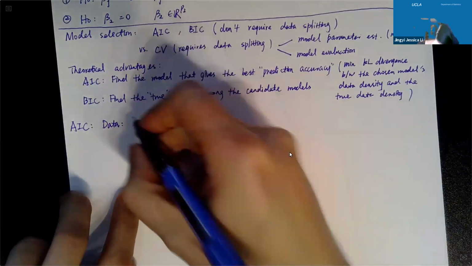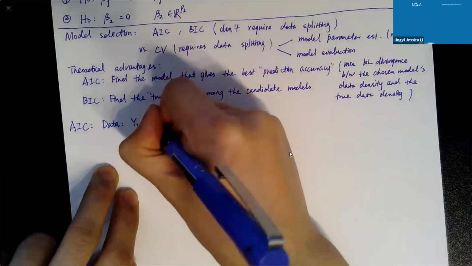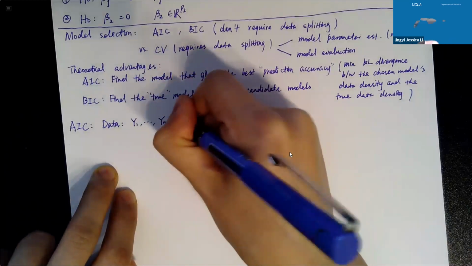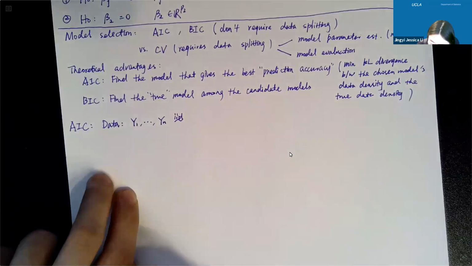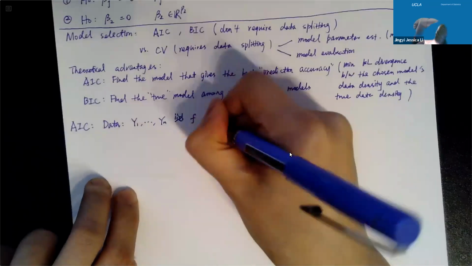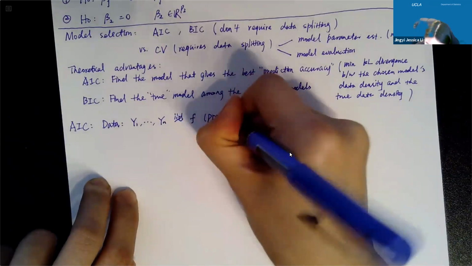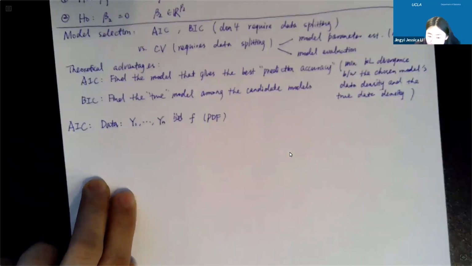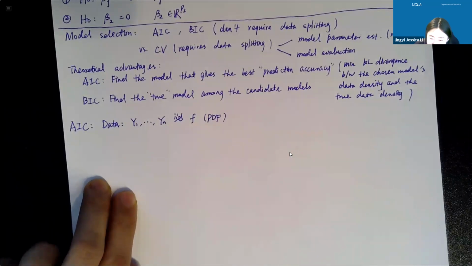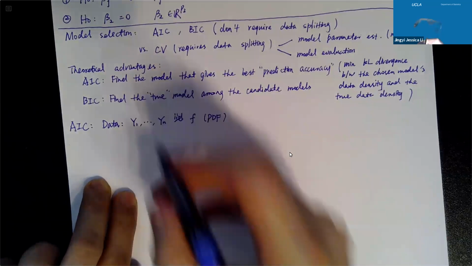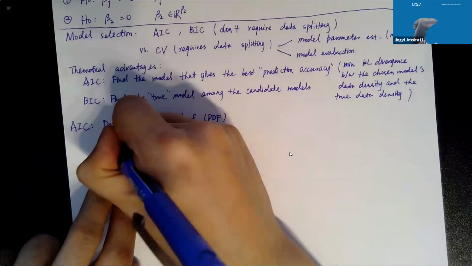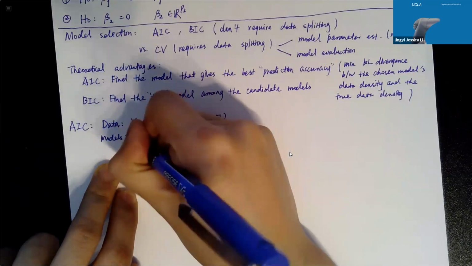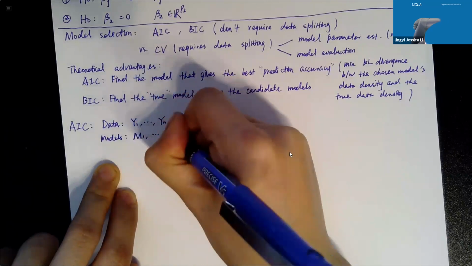Let's say that our data is Y1 to Yn, IID from a true density, but we don't know what it is; F is unknown. What we propose is K candidate models, which we write as M1 to MK.